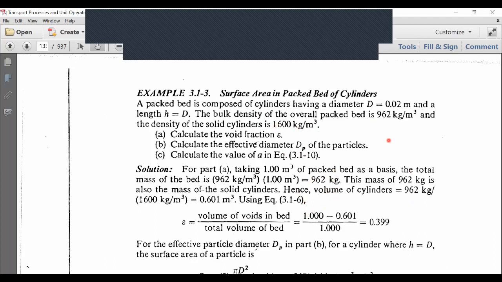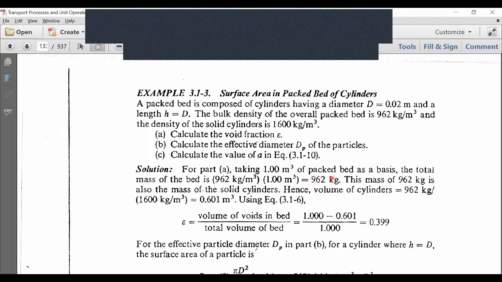Because this is a packed bed, this is the overall packed bed density. So if we have a packed bed with a volume of 1 cubic meter, then we can find the total mass of the packed bed.